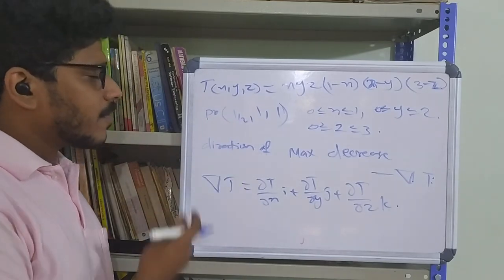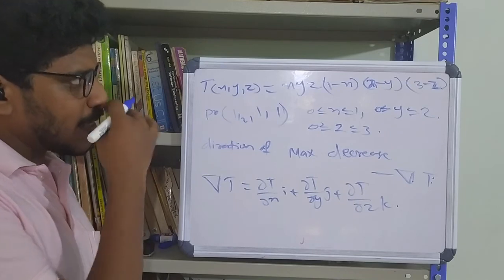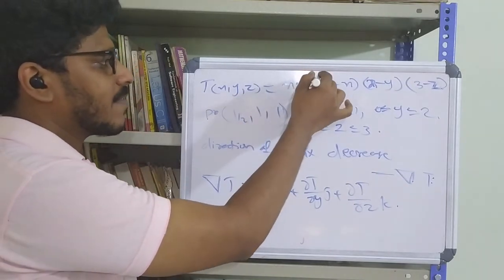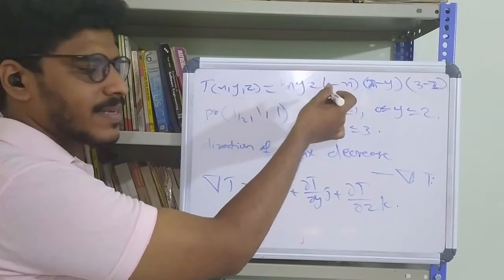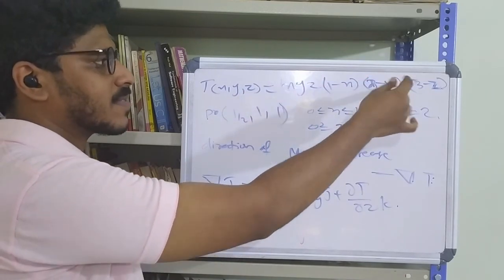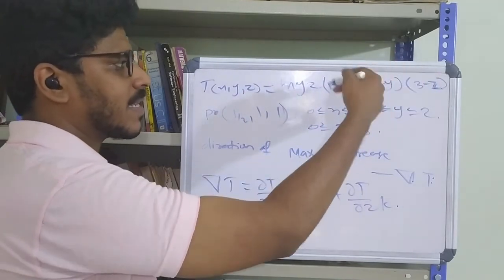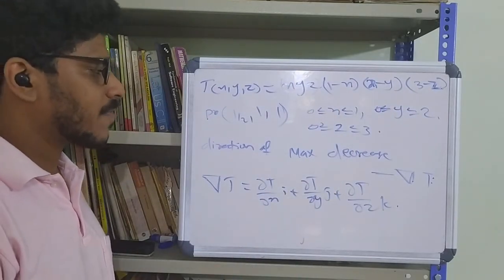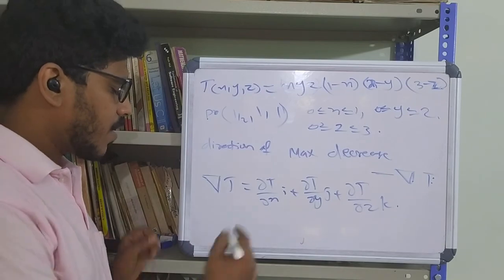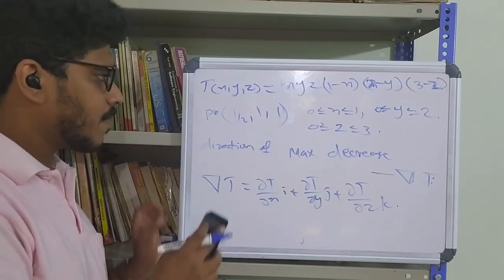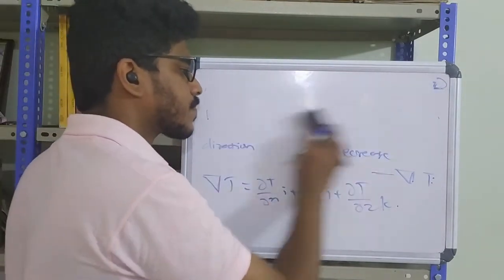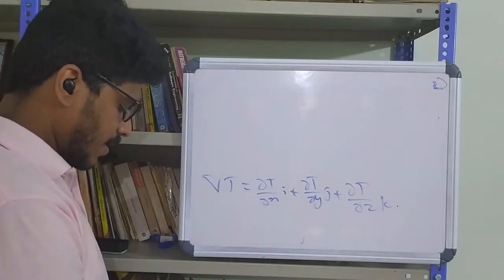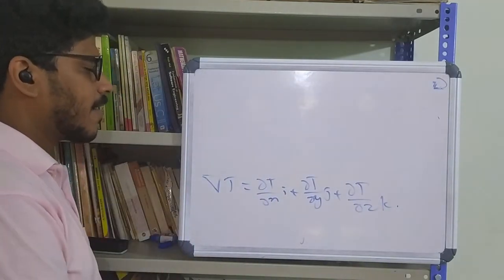When you differentiate this partially, since we have terms involving x, y and z multiplied by terms involving x, y and z again, you have to use the product rule. I'll give you the answer and you have to work this out.